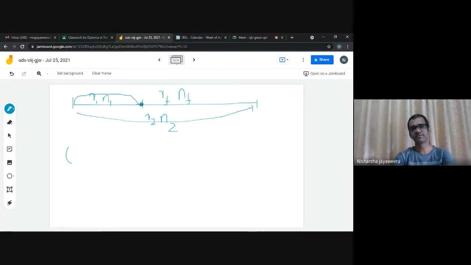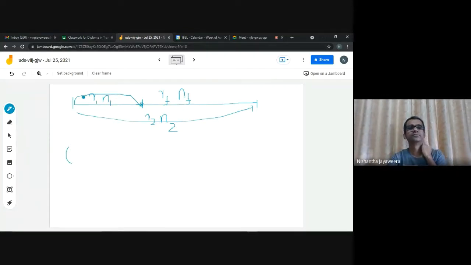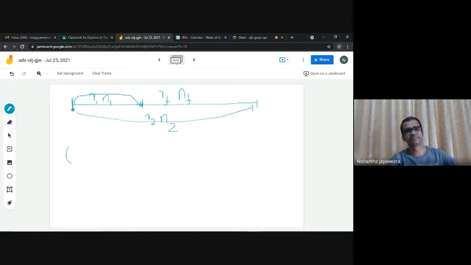What do you get here? If you invest 1 rupee at R1 for N1 number of days, what do you get at the end? The interest rate is R1. What is the total amount that you receive on maturity?